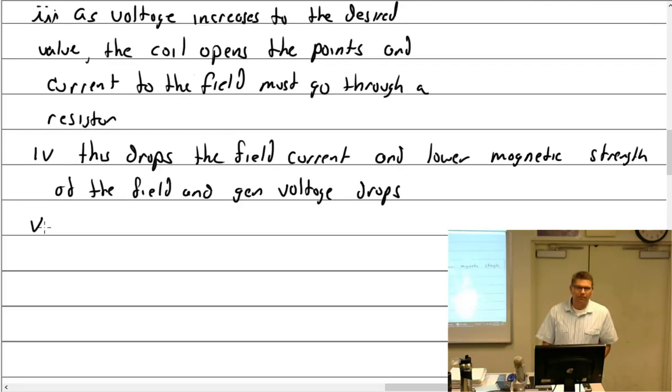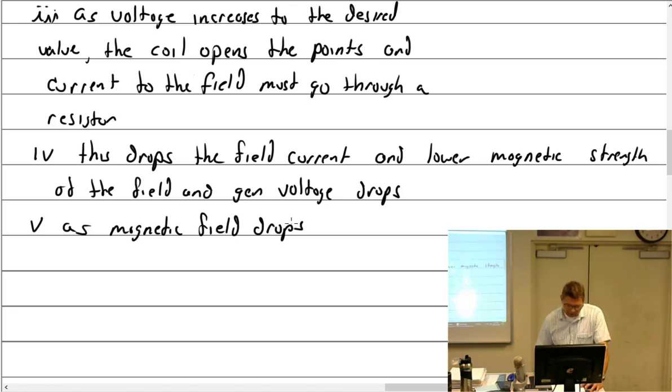All right, so I opened up the points. I had to run the current that's going to the field coils through the resistor. So now the field strength diminished. So what did that do to the generator output voltage? Decreased it probably quite a bit, way below 14. So what happens? Got to close the points then. As the magnetic field drops, so does the generator output.